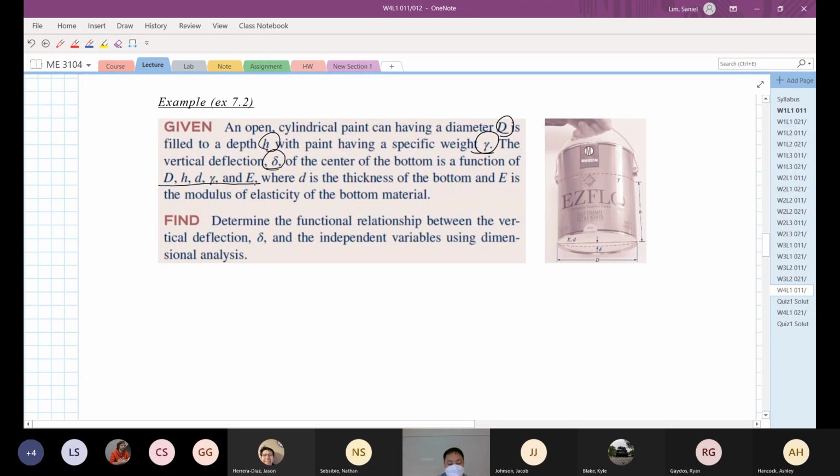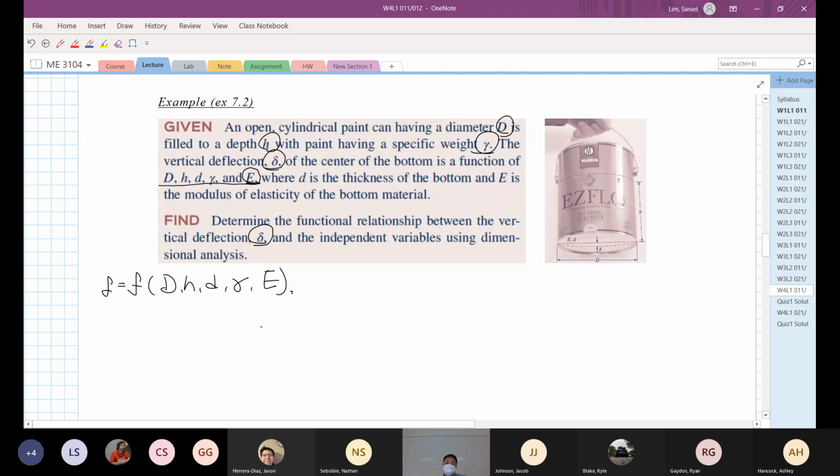Then the capital E is usually called Young's modulus or modulus of elasticity. This is basically the property of the material. So determine the functional relation between the vertical deflection delta and the independent variables using dimensional analysis. Basically, you need to find the pi terms. Delta is a function of d, h, D, specific weight, and E, Young's modulus.